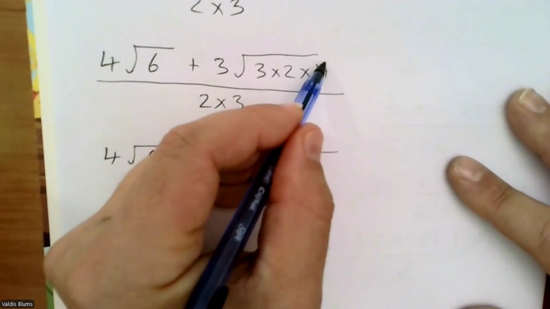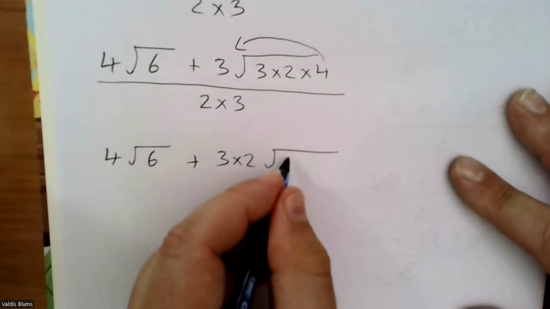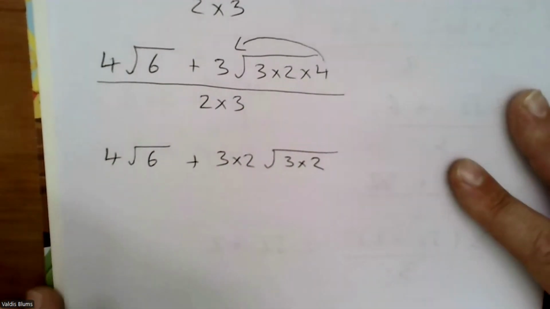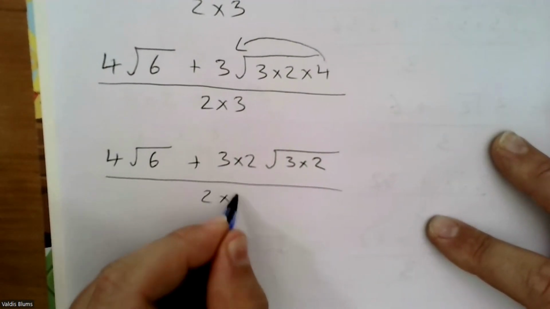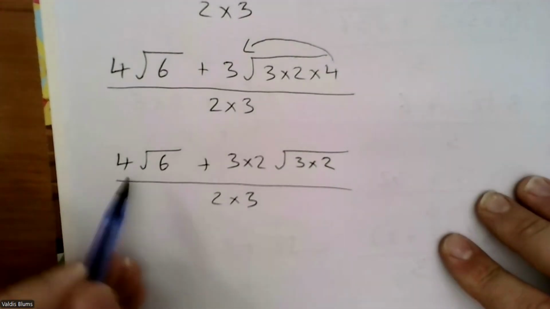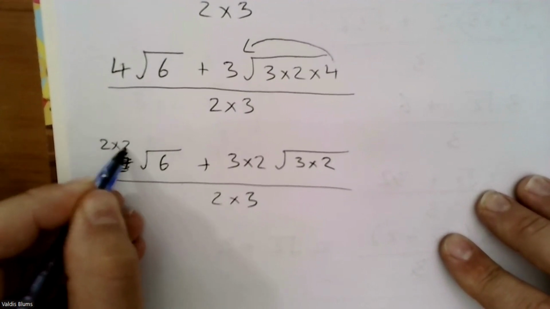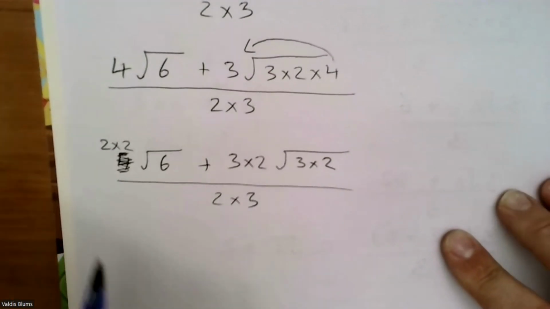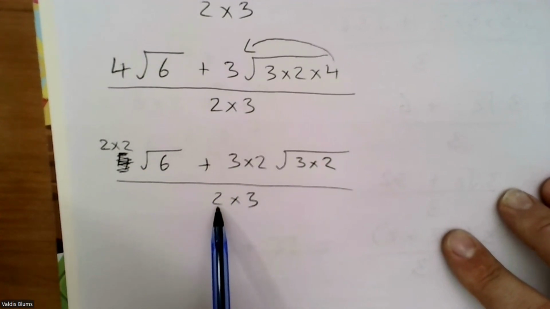So I'm pulling that 4 out and pulling it out as a 2. So I'm left with 3 by 2 in that square root symbol. And to save myself writing out another line, I'm actually going to replace this 4 as a 2 by 2. Now you can see that each term has a 2 in it, so we can divide out 2 from each term.